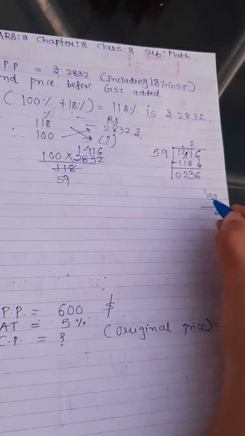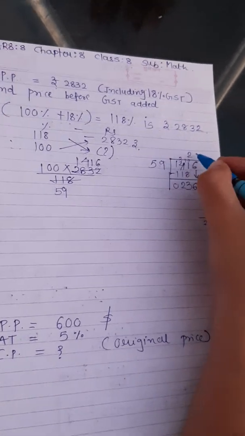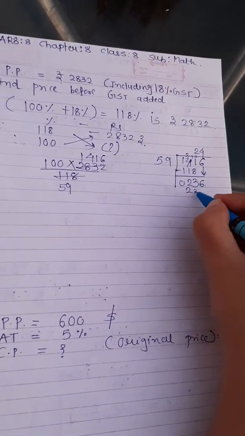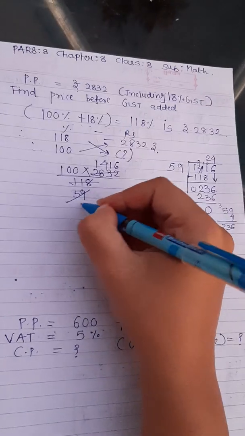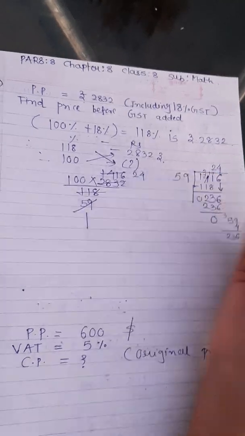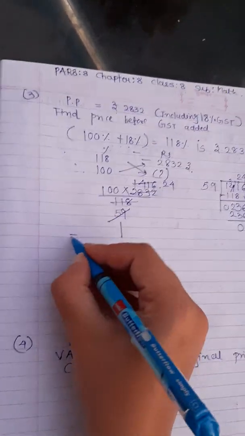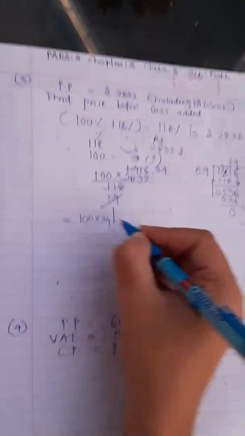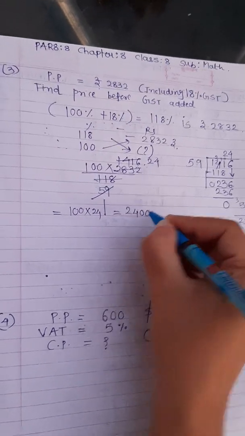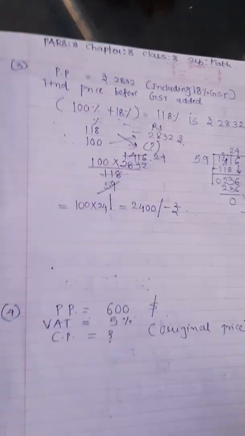You have to try and error. Yes, it is 236. So 59 ones, and here it is 24. 24 into 100. So the article price is 2400 rupees originally.